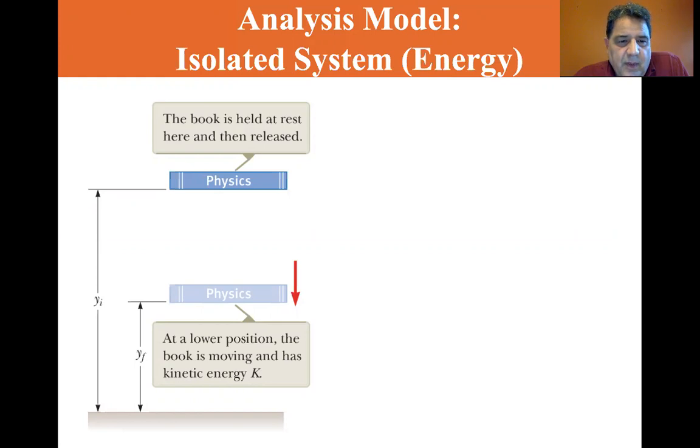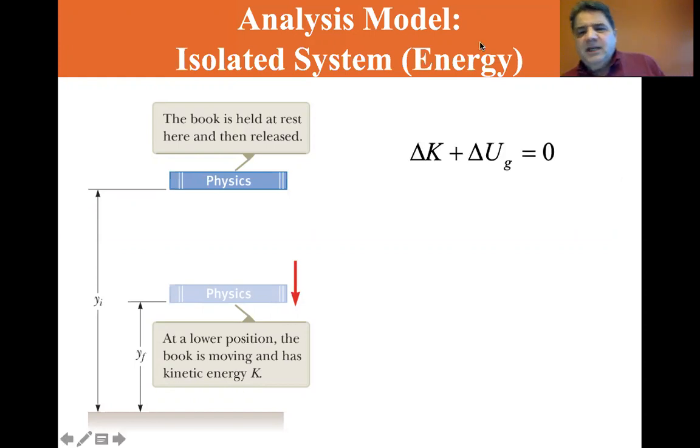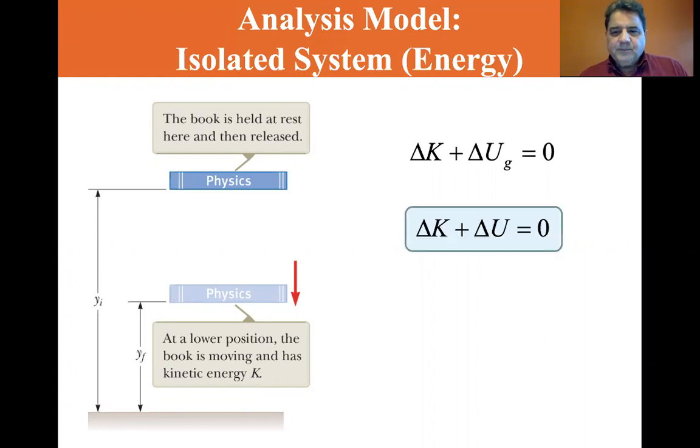So at the lower position, the book is moving and has kinetic energy K, and it's lost potential energy. So delta K, the change in kinetic energy, plus the change in potential energy equals zero, which means whatever kinetic energy is gained is transferred from the potential energy.